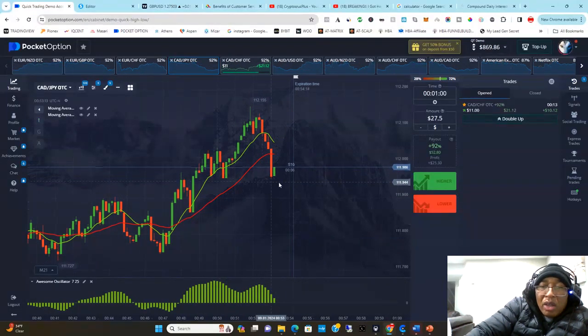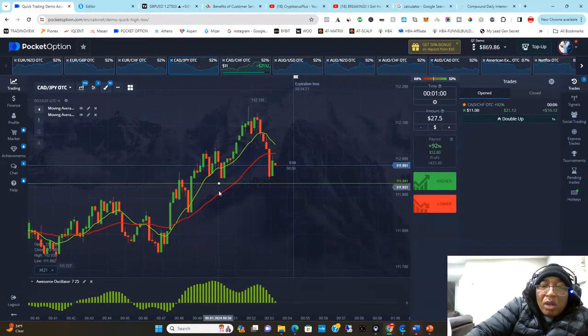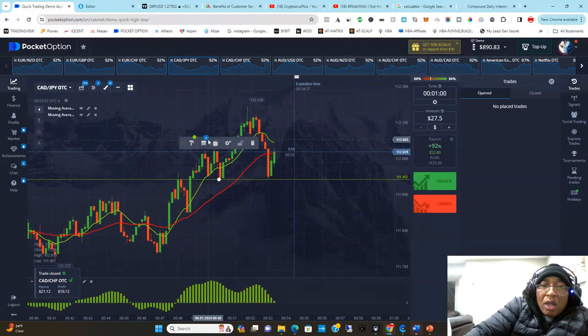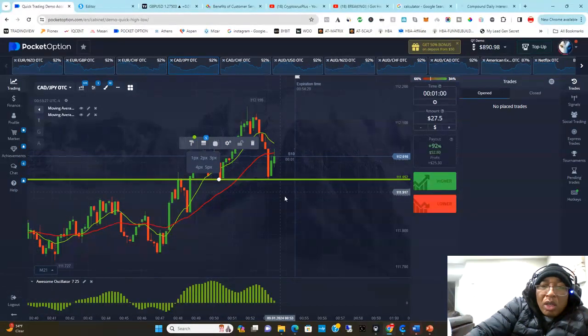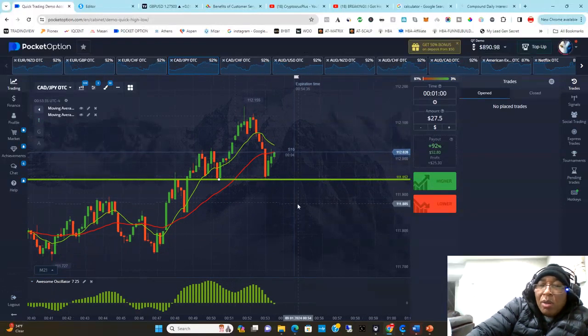Okay, to this zone here is like a support zone. Yeah, see the support zone I'm talking about is this one here. You see that zone right there? That's a strong support zone right there, that one right there. You can see that. So it comes down there and it pushes it up.